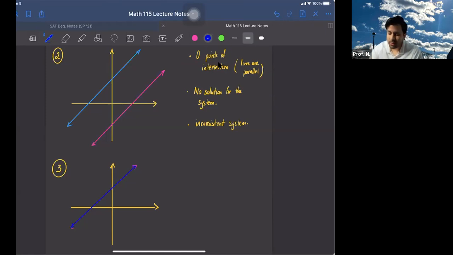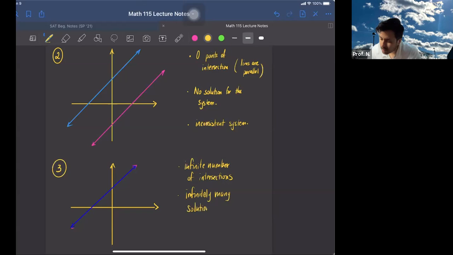This is very strange, but this occurs. This is when you have an infinite number of intersections, and because of that, there are infinitely many solutions. And we call this a dependent system.